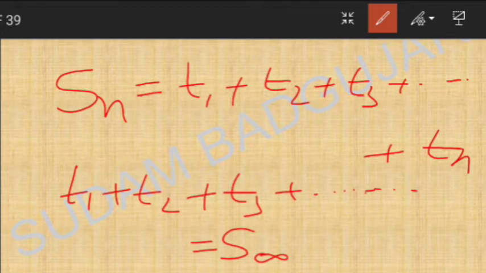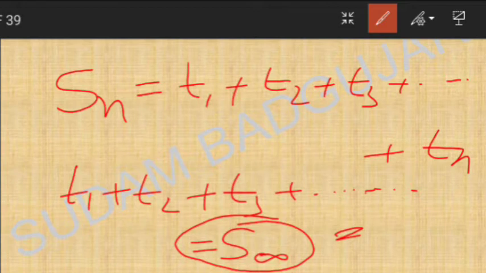If the terms are infinite, then its sum is either infinity or some finite number, depending on R. That means there is a condition for finding the sum of infinite terms.